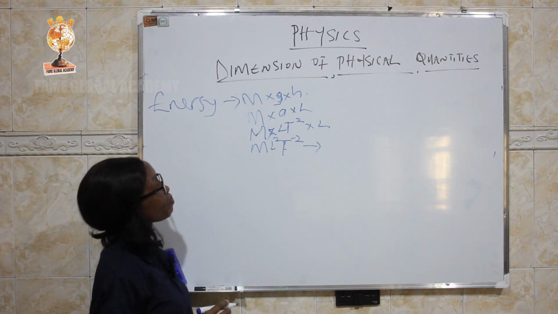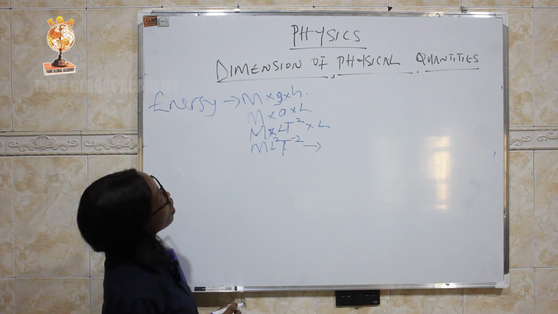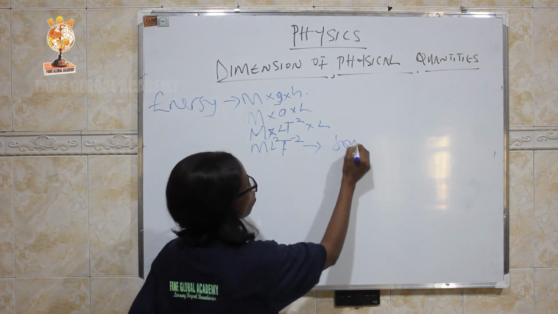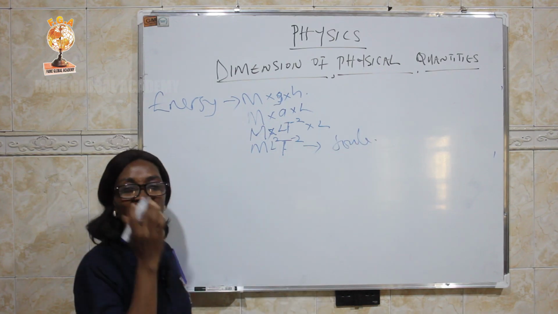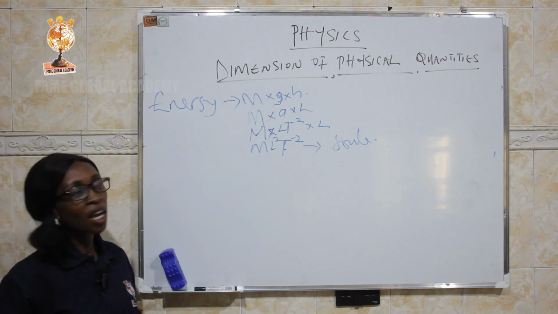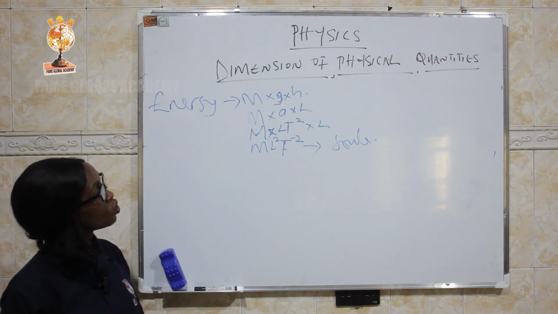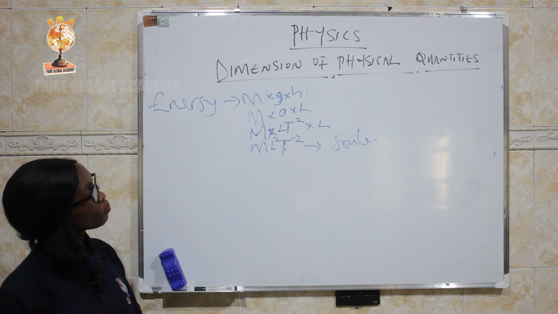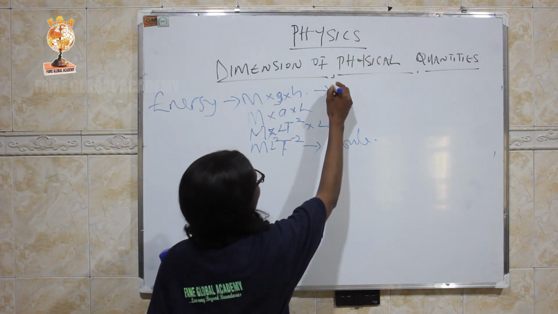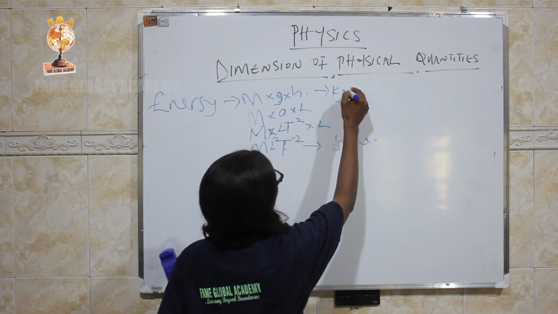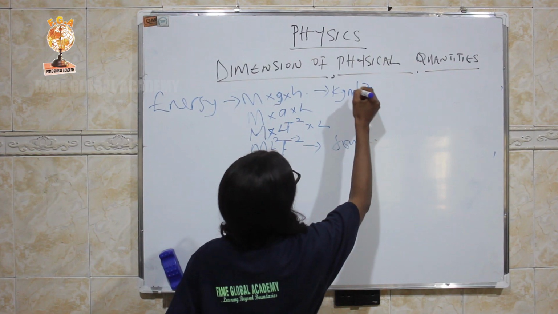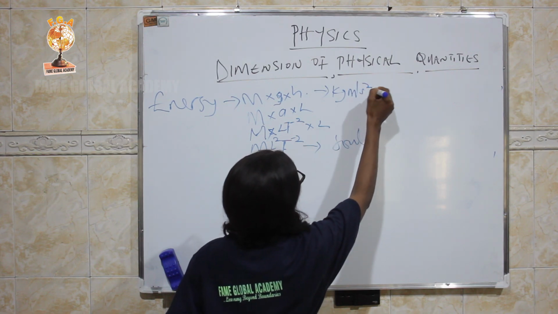Energy is measured in joules. Joules is the SI unit for energy. It can also be counted from here: mass is in kilogram, gravity is in meter per second square, and height is in meters.